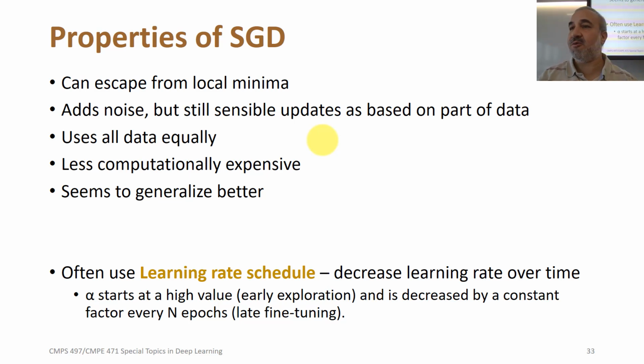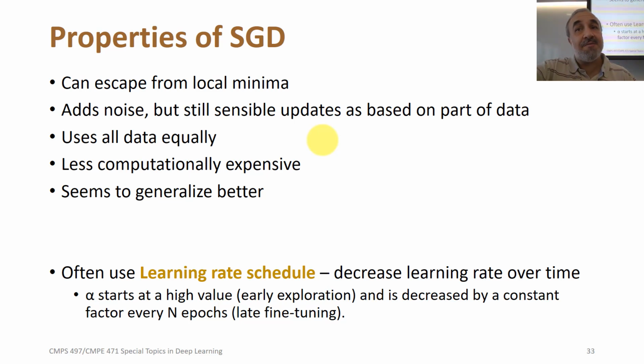What is the logic behind that? Why are we doing that? When we have a large learning rate, do we make large updates or small updates? Large updates, right? So in the beginning, we want to explore more. We want the learning rate to be high, so that we make big jumps to explore the entire space.